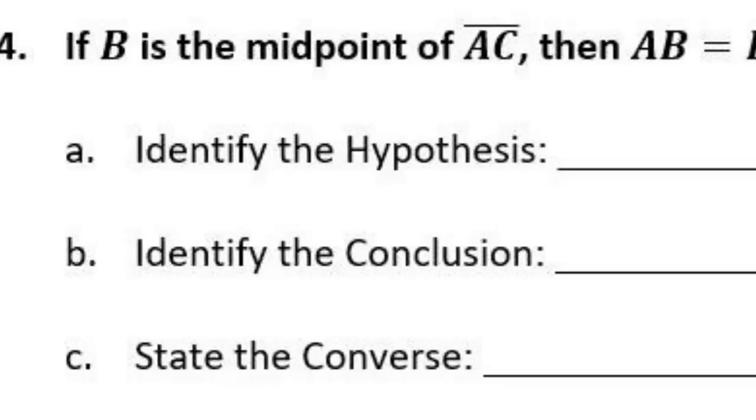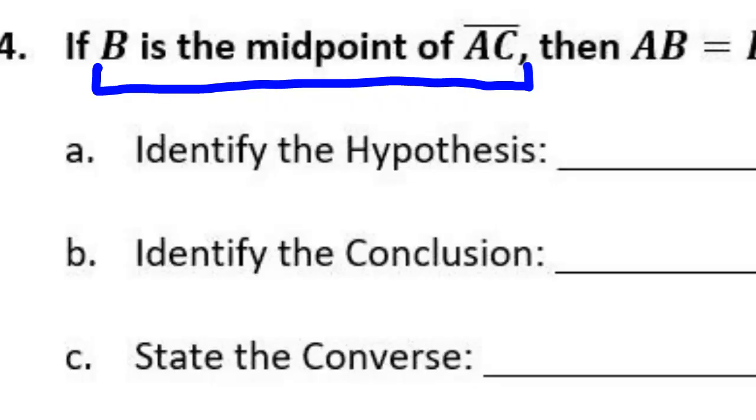How do I find the hypothesis? It's always after what word? If. It's going to go from here up until we get to the word then. This is a sentence. What do you do to the first word of every sentence? Capitalize it. Now, in this case, the first word is just the point B, so I don't have to worry about that. But please remember tomorrow when you're doing your test, if the word after if is a word and not a point, you have to remember to capitalize it.